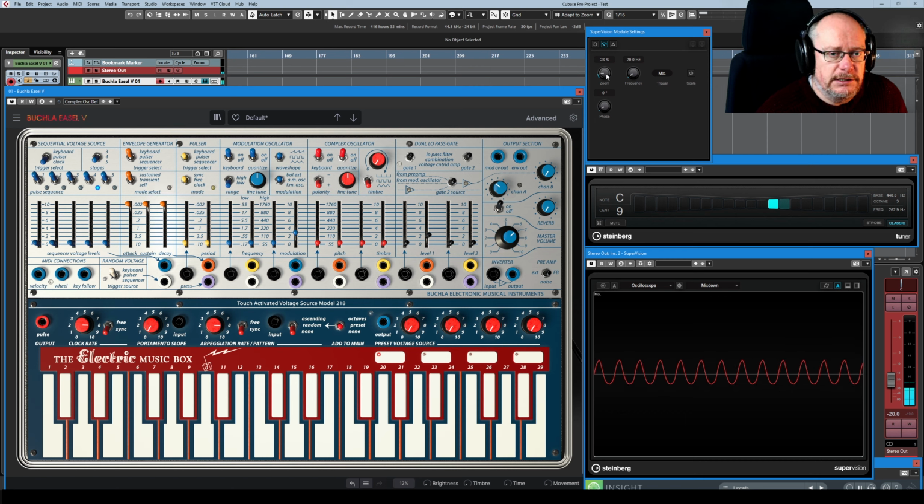So we just zoomed in on the oscilloscope there so we can see it a little bit more clearly. Now we're increasing the amount of modulation on the amplitude. Now I'll increase the speed at which those modulations occur.